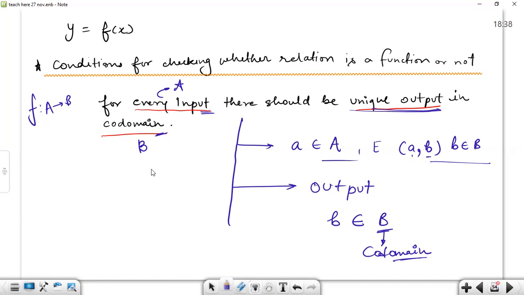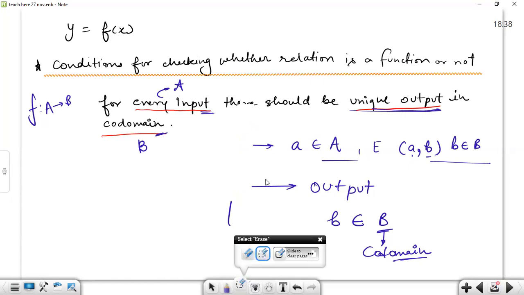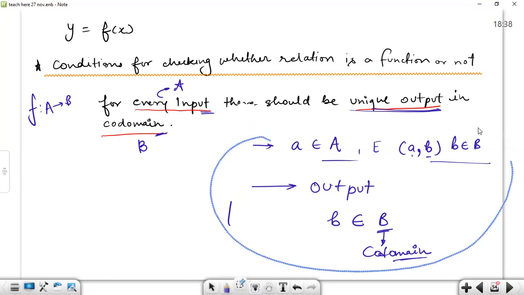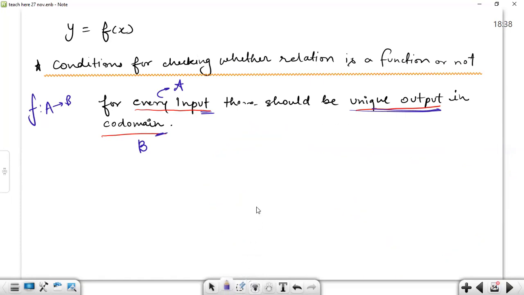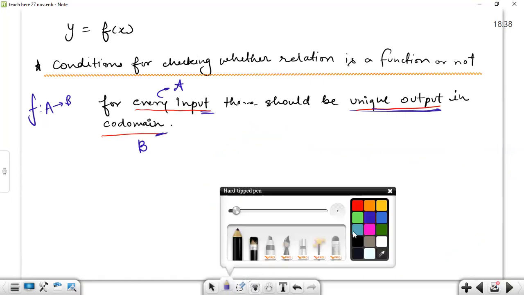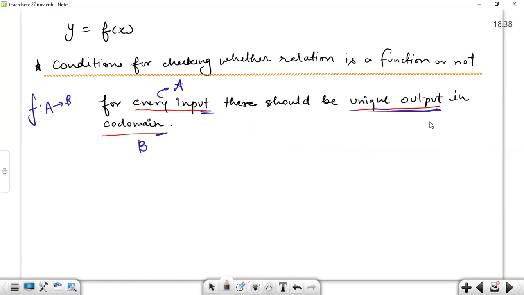So these are the conditions. Simply remember this simple statement: for every input, there should be a unique output in the codomain for announcing a relation as a function.